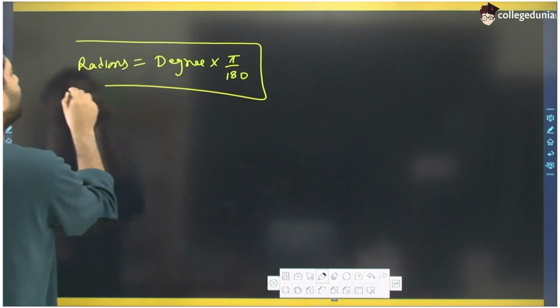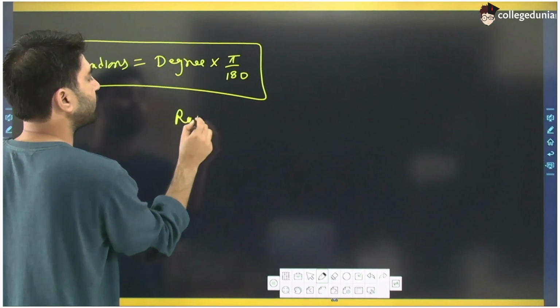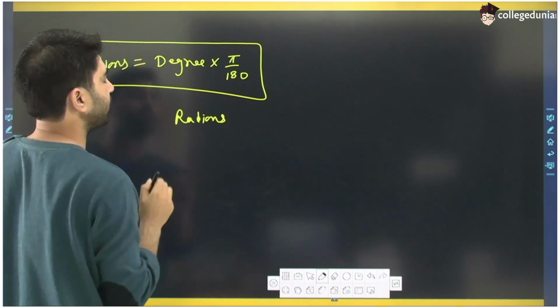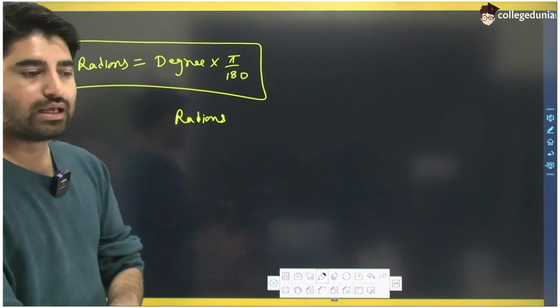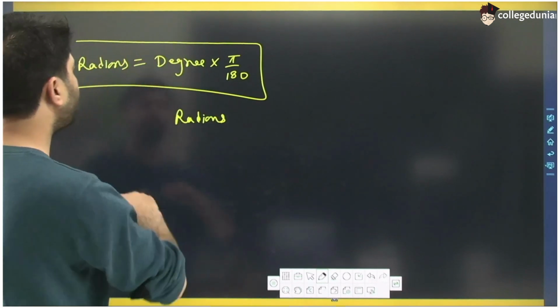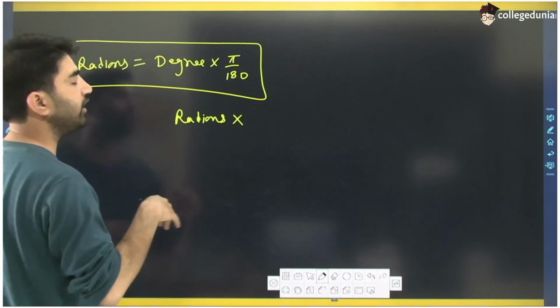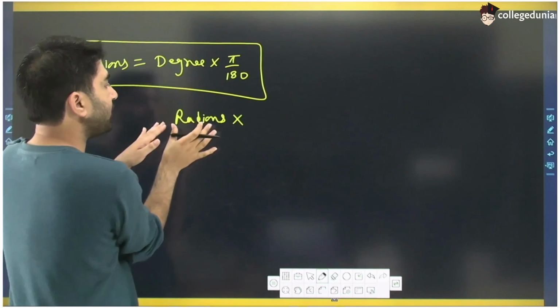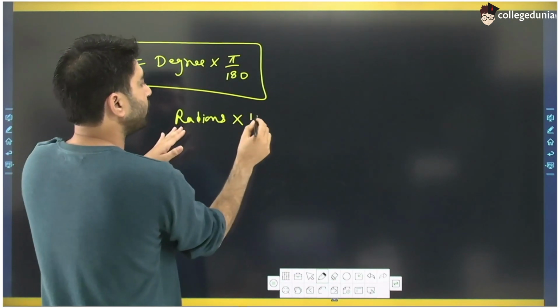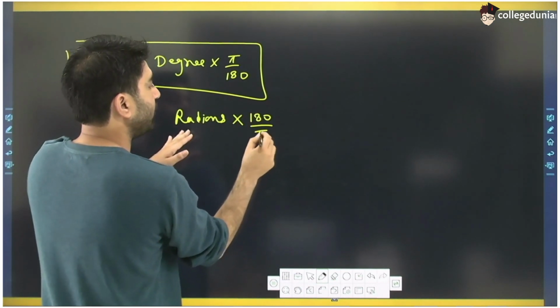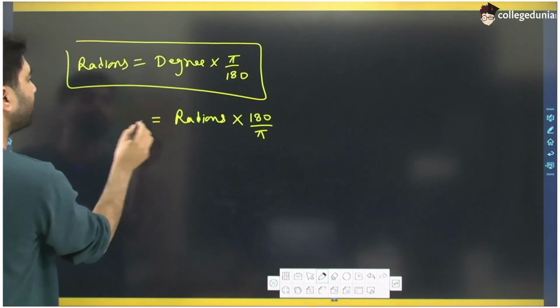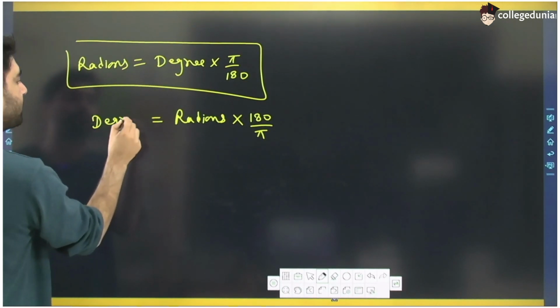But suppose the angle is given in radians, then how do we convert this radian into degrees? We will be multiplying radians into 180 by pi, then we will get the answer in degrees.